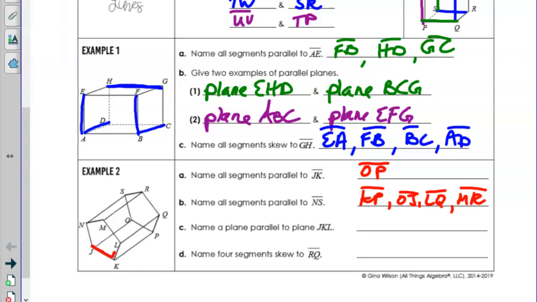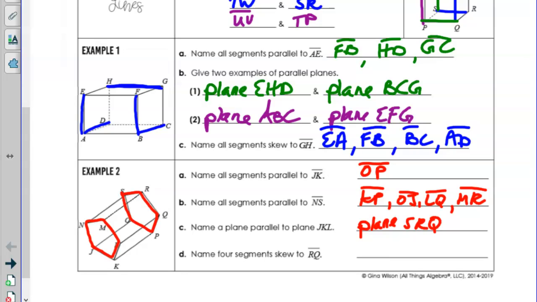Very good. Plane FRQ. You could have used any of those letters in that pentagon, FRQ, that would work too.